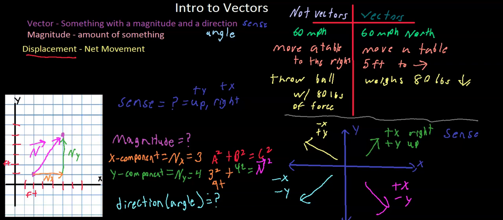Well, this becomes 9 plus 16 equals whatever vector n squared is. That's just going to equal 25. So 25 equals n squared. That means vector n is just the square root of that, which is 5. So the magnitude is 5. And we'll go ahead and solve for the angle in the next video.